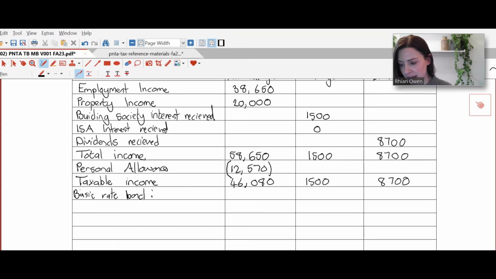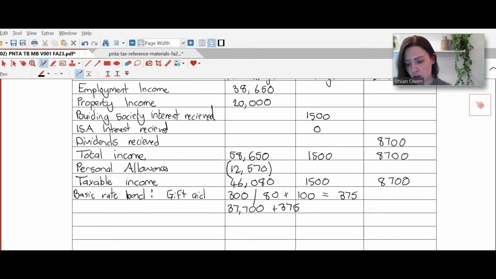So first of all, the gift aid would be the 300 divided by 80 times 100 gives us £375. So the basic rate band would be the 37,700 plus the £375, so £38,075.